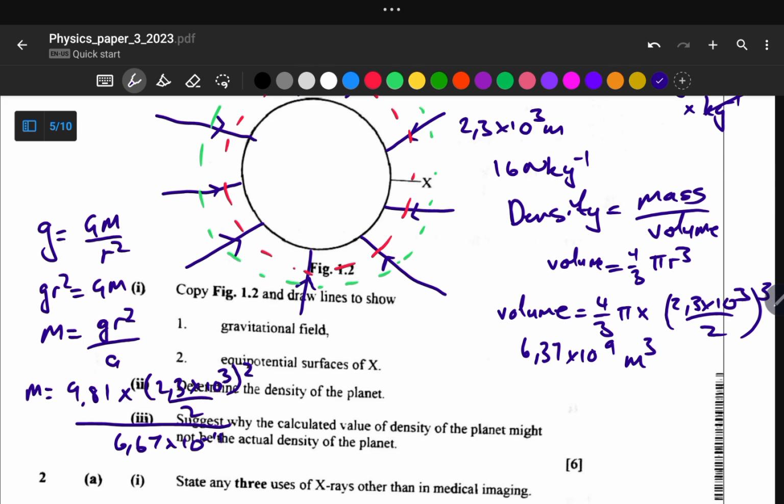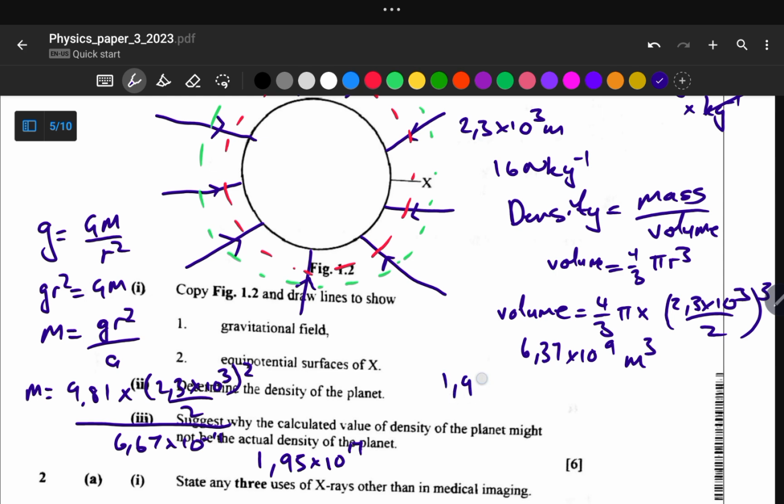So it's 9.81 multiplied by 2.3 times 10 to the power 3 divided by 2, and then square everything, divided by 6.67 times 10 to the power negative 11, and our answer is 1.95 times 10 to the power 17. So this is our mass, and then let us divide this mass by this volume.